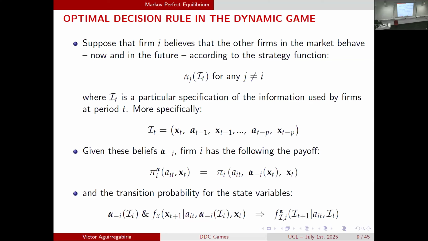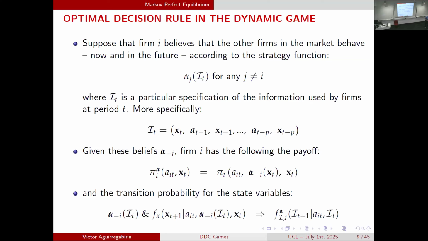Okay, they are going to behave according to some strategy functions that I represent as alpha_j of this information at period t. For instance, to make it more concrete, this information at period t that affects the strategy function of a firm consists of the state variables that affect the profit at period t, but also state variables one period before, two periods before, and so on, but also the actions of the players one period before, two periods before, and so on.